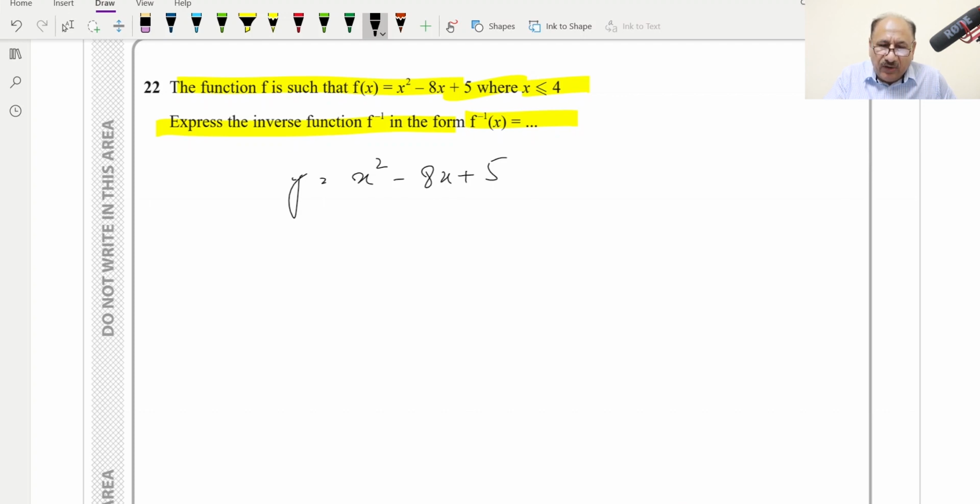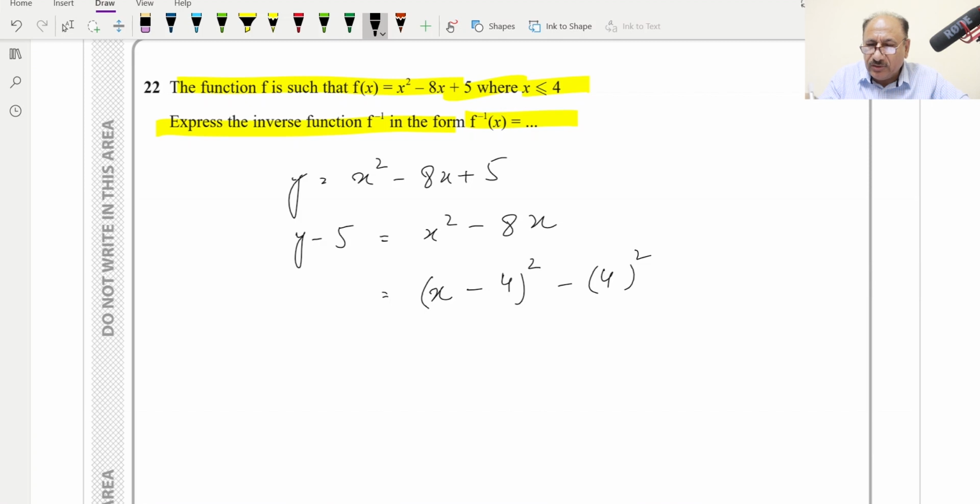We can shift 5 to the other side, so y minus 5 is equal to x square minus 8x, and now we can solve this by completing the square. So x minus 8 by 2, which is 4, so x minus 4 squared minus 4 squared, this will be the completing square, and this side will be y minus 5.